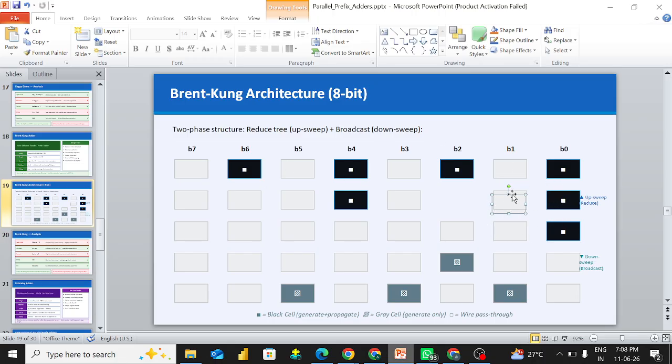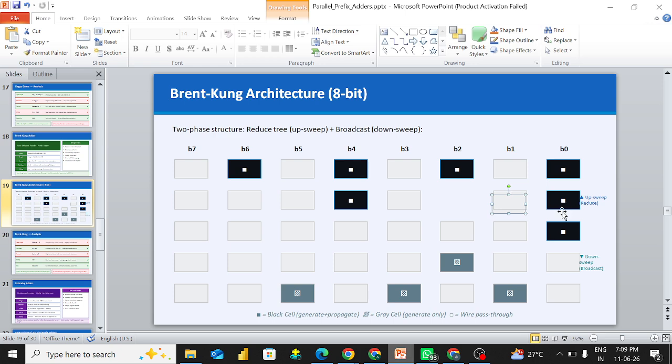Like I said, if you are using a black cell, what is the thing you are going to do inside a black cell? It's going to generate a carry and propagate a carry, right? The use of the black cell is nothing but to generate a carry and propagate a carry.